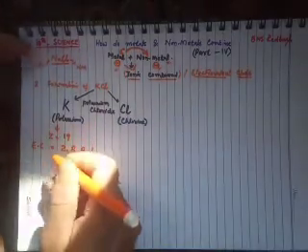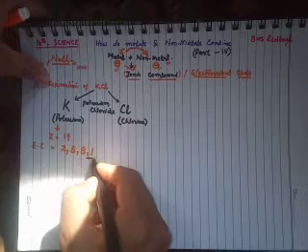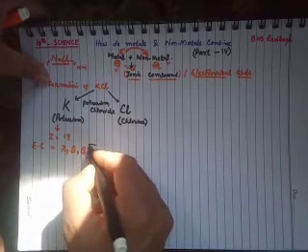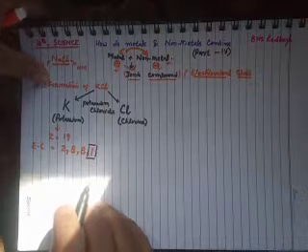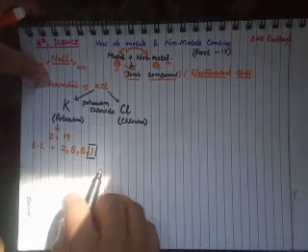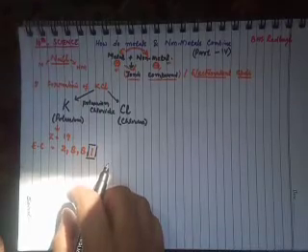So dear students, from the electronic configuration, it is evident that this is the last shell of the potassium atom, which we call the valence shell or outermost shell.